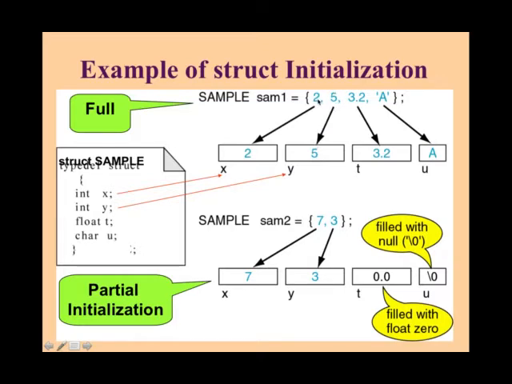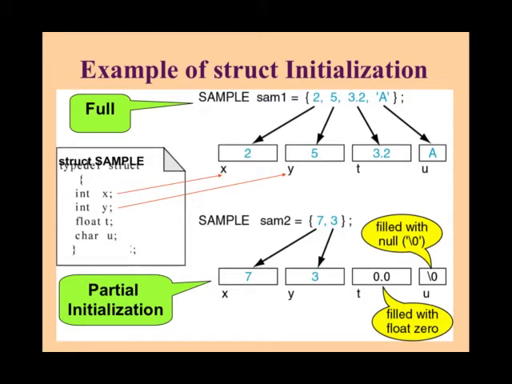Then if I put 2 here, that will be value of x. If I put 5 here, that will be value of y, right there. If I put 3.2 here, that will be value of t. And if I put a here, that will be value of u. This is the full initialization.